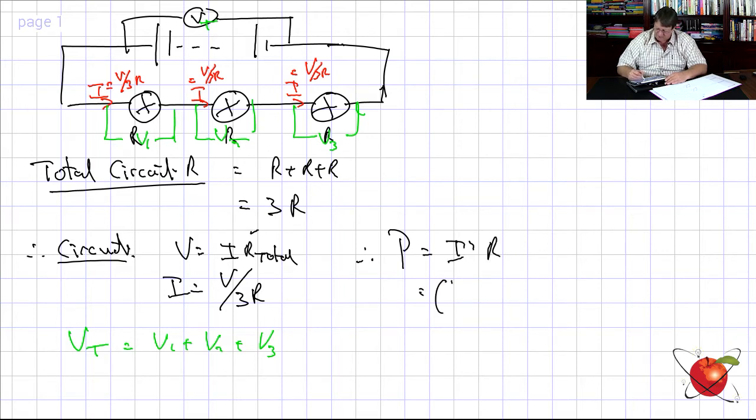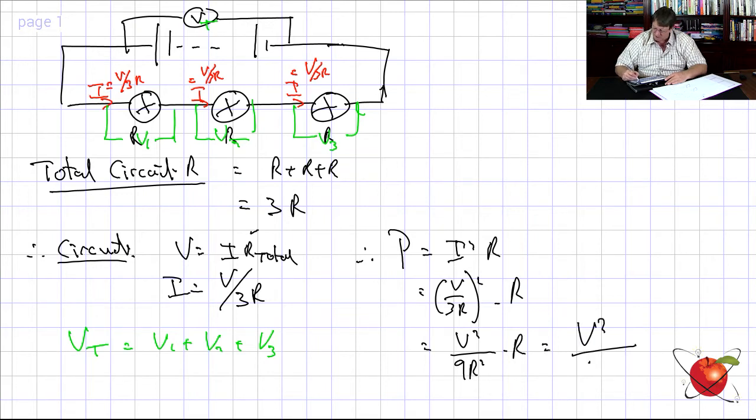I squared is V over 3R, all squared, times R, which is V squared over 9R squared times R, which is equal to V squared over 9R. So the power of each bulb is V squared over 9R.